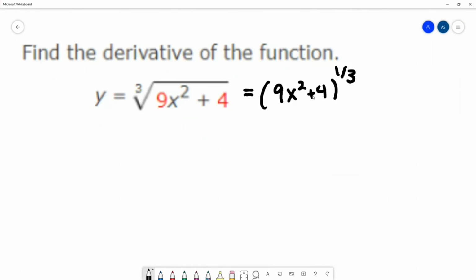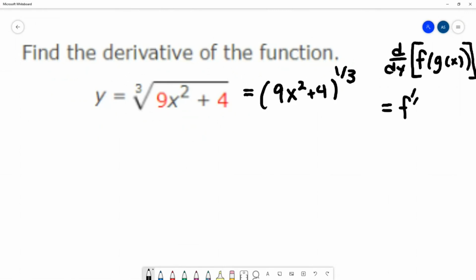So the chain rule pattern, we use that pattern anytime we have one function that is substituted inside of another function. So here I have f on the outside and g on the inside. The pattern I'm going to follow for the chain rule is that we calculate the derivative of the outside function, leave the inside function the same as it started, and we chain by multiplying by the derivative of the inside function.